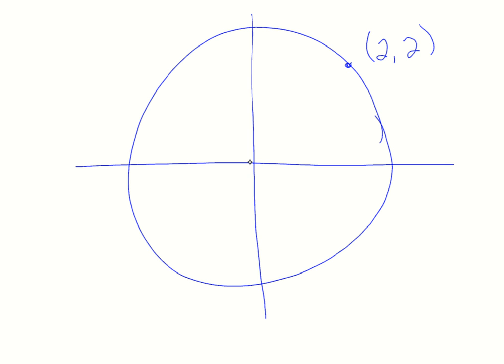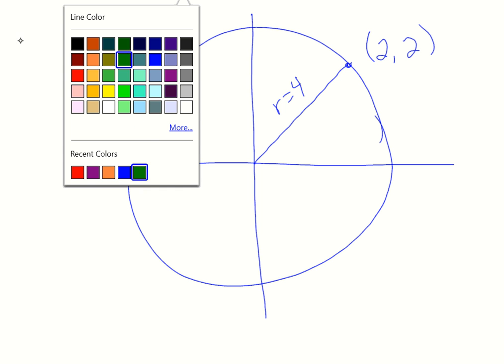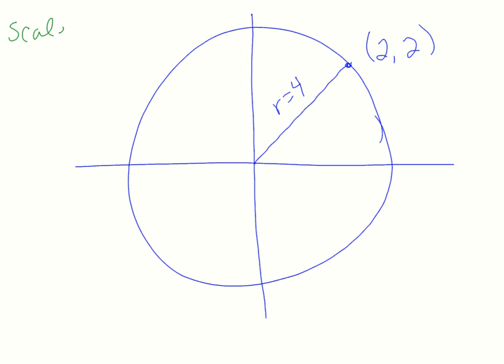And if I told you that the radius was 4, and I wanted to scale it by a factor of 1/4, all that means is I have to take all these values and multiply them by 1/4.